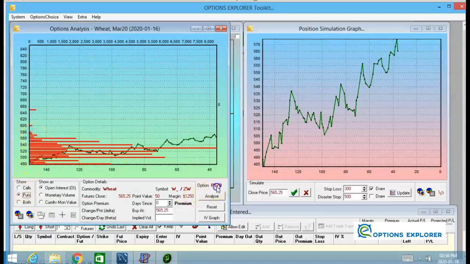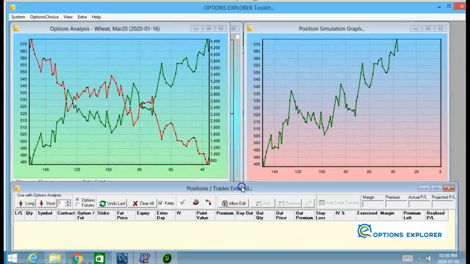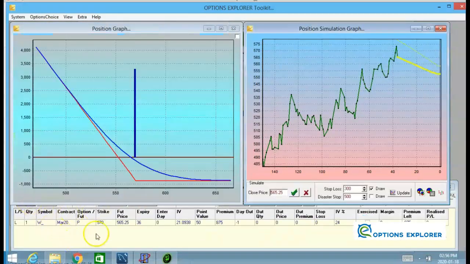This is a put 570. Let's analyze that put. A put 570 will cost you $875 US. So if you were to long this put option, that's the situation that you will end up with. Remember that the put option is something that you purchase when you expect the market to go down. You've got a limited loss.